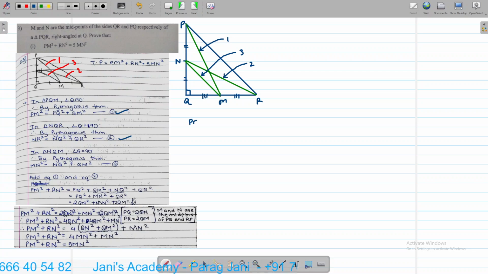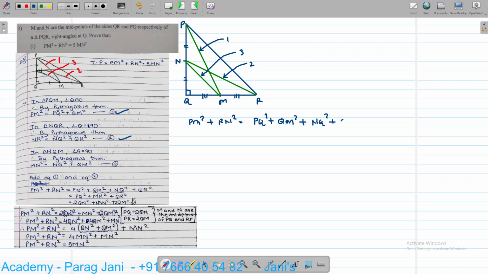So PM square plus RN square is equal to PQ square plus QM square plus NQ square plus QR square. Now if you see here QM plus NQ, square, which is basically NM square. We have already written here MN square.